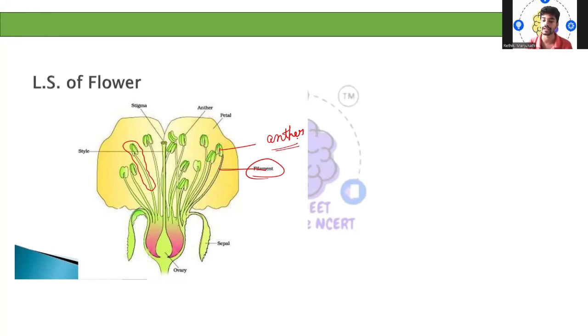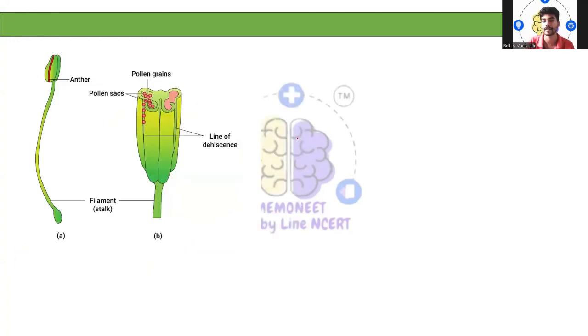So what is the speciality now? If I'm talking about the anther, we are actually talking about angiosperms, the most evolved plants.